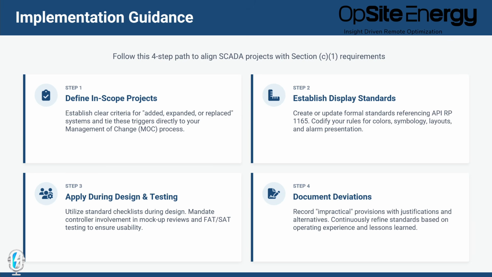It could be a new SCADA system, or it could be a version of a SCADA system. So have something defined within your scope, within your process, that identifies what triggers what, and try to tie that into your management of change.